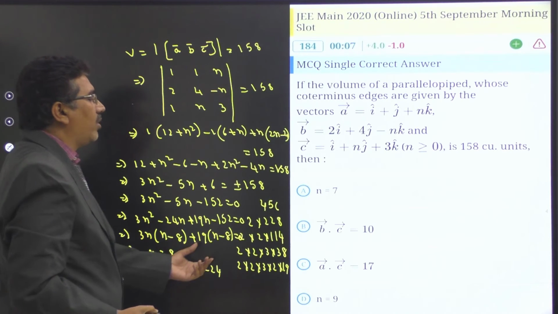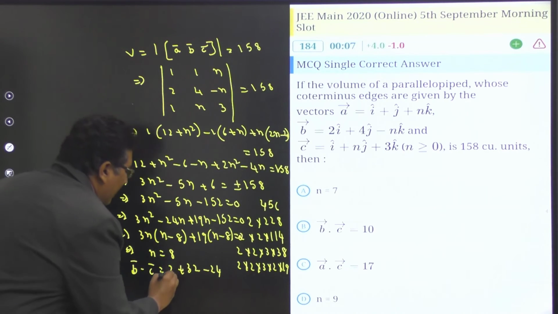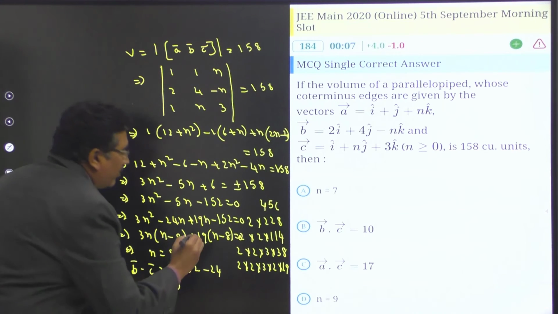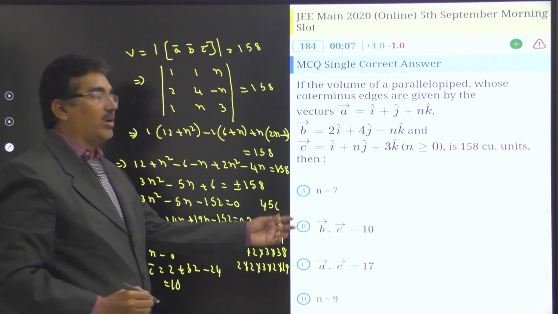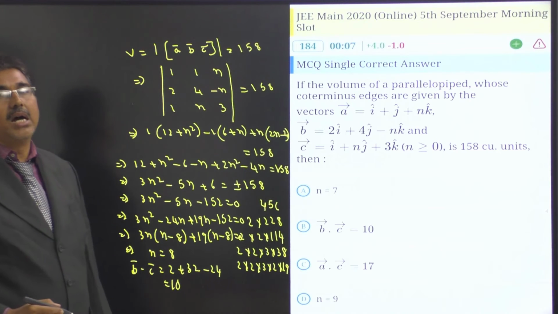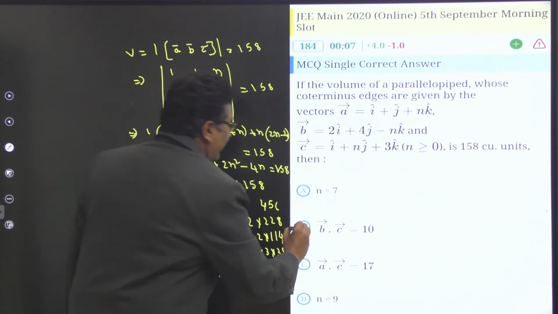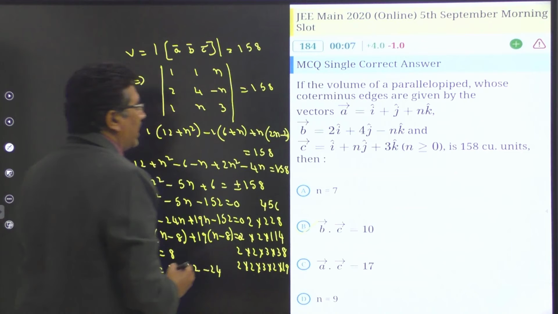Now 34 minus 24 is equal to 10. So b bar dot c bar is equal to 10, and the answer is option B.